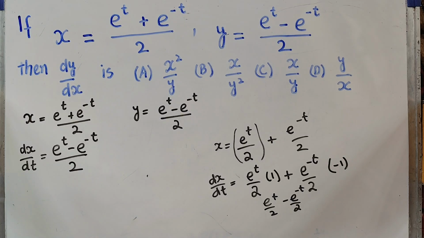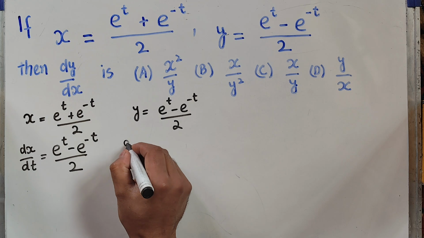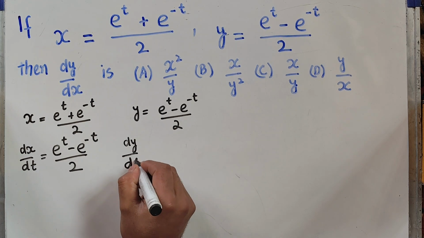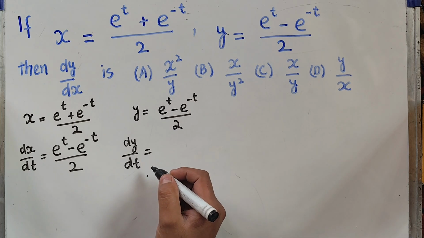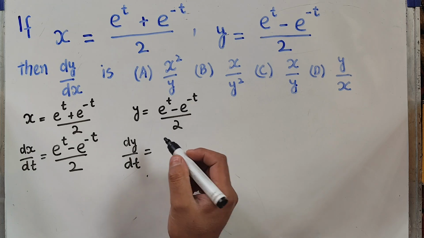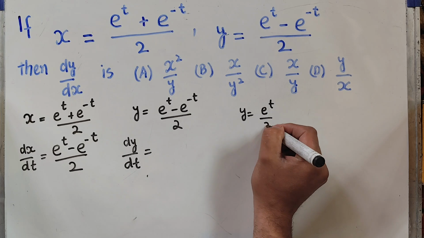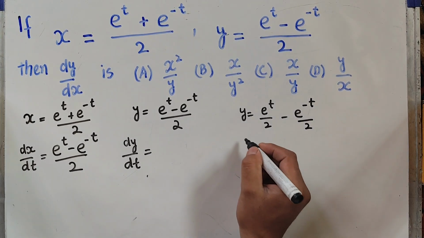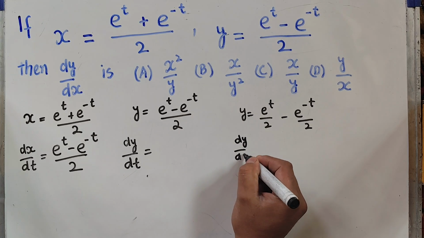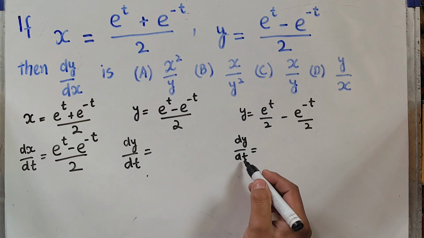Similarly we need to find dy/dt, the derivative of this function with respect to t, again using the same procedure. If I simplify it first, y is equal to e^t/2 minus e^(-t)/2, then dy/dt will be equal to the derivative of the first function, which is the exponential function, with respect to t.